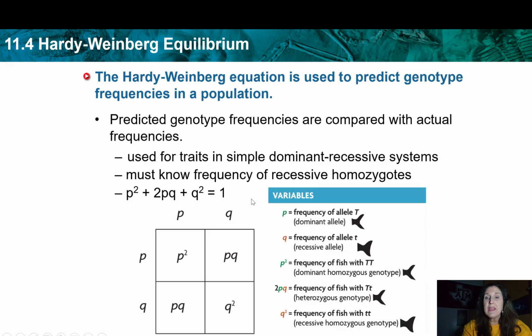P equals the frequency of the dominant allele, Q is the frequency of the recessive allele. P squared is the frequency of homozygous dominant, 2PQ is the frequency of heterozygotes, and Q squared is the frequency of homozygous recessive. We can get every other piece of this puzzle if we know one of these, and we can move forward and figure the rest of it out.